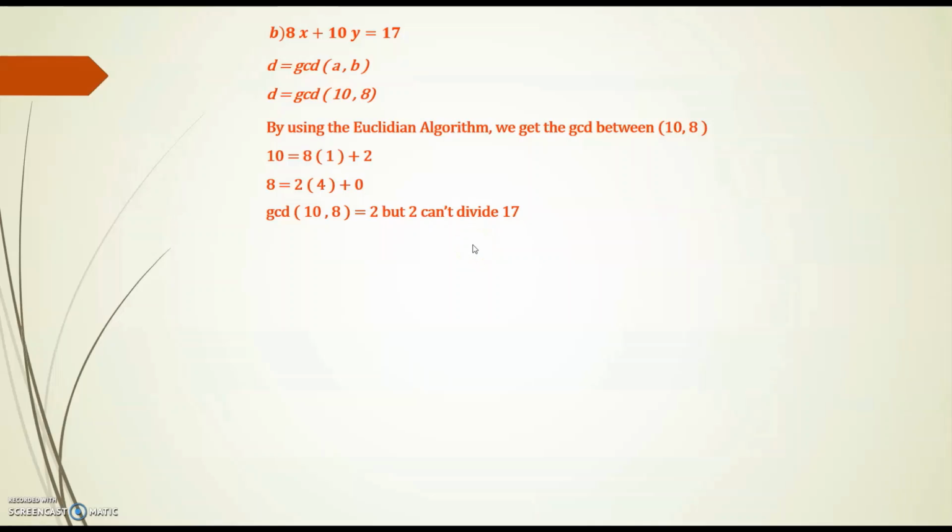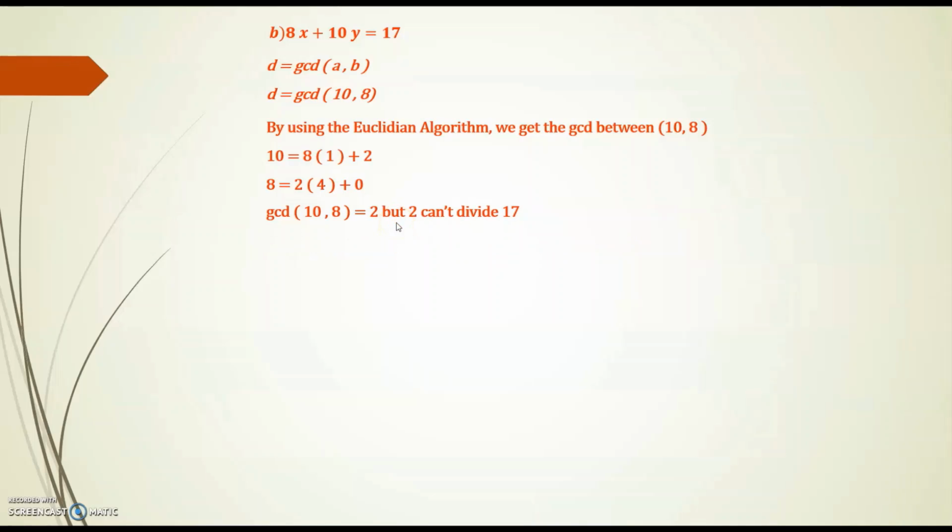So we can definitely conclude that ax plus 10y equals 17 has no solution because 2 cannot divide 17. So in this video, we saw two examples of a Diophantine equation, where one has a solution and the other one has no solution.